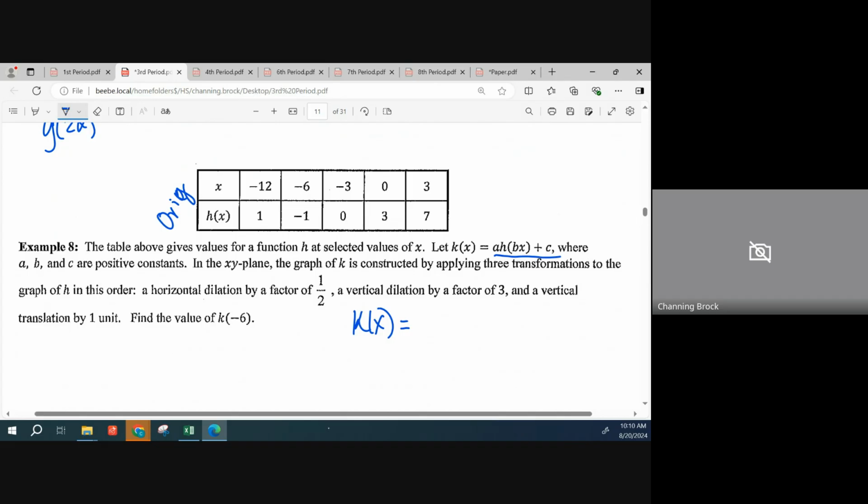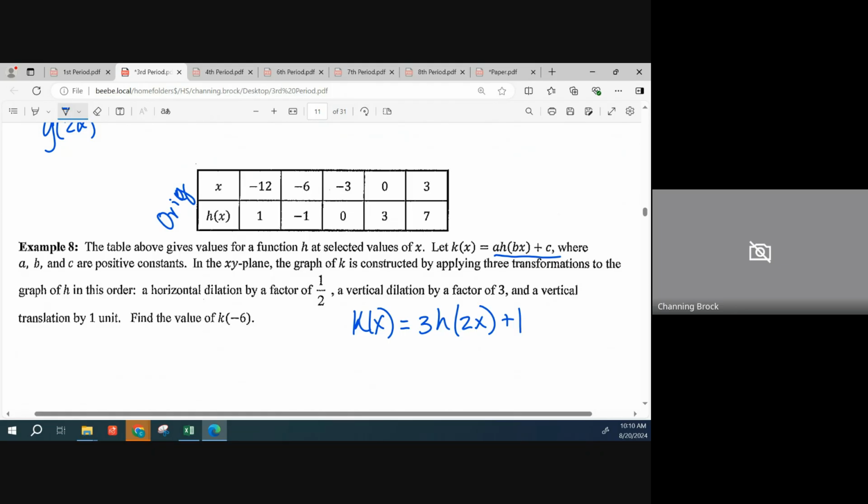And then what is b? B is 2. And what is c? +1. Okay. So there's our k of x with its transformations applied.